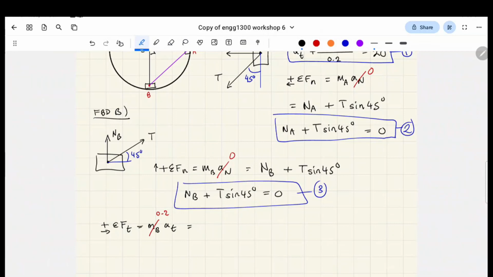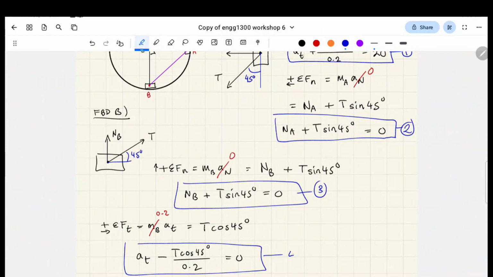The only force in this free body diagram at B acting to the right is T cosine 45. So we know that aT minus T cosine 45 divided by 0.2 is equal to 0.